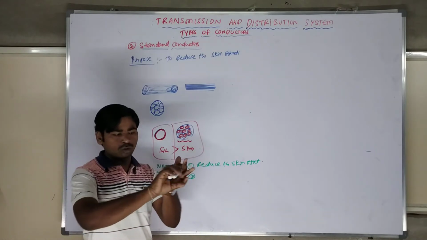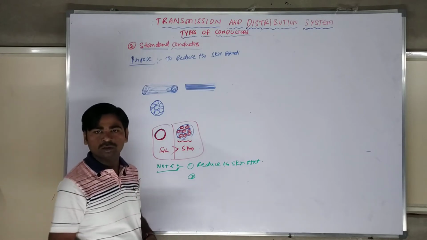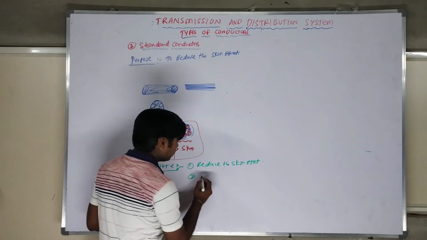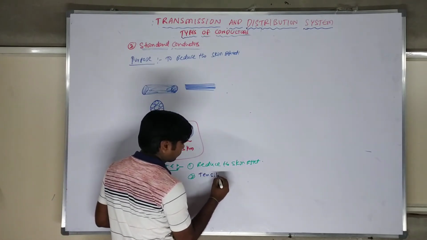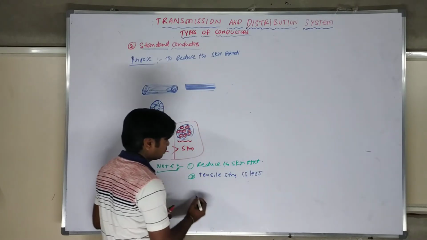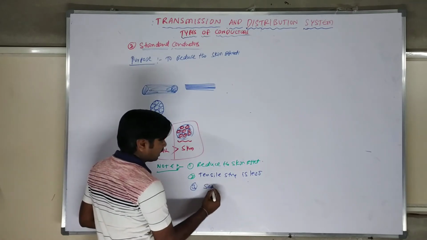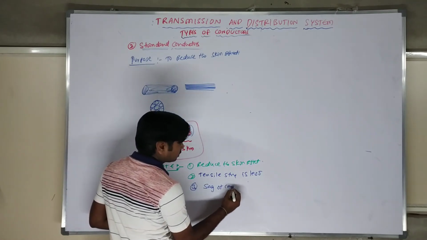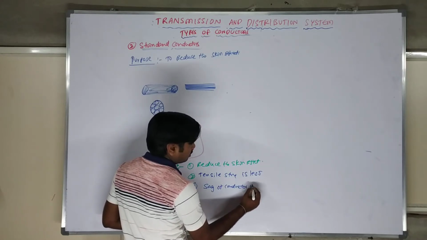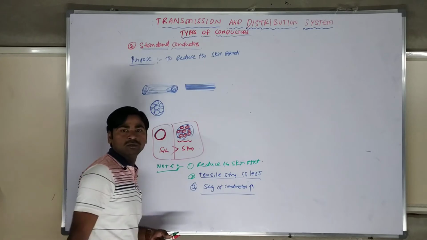But in this one, the tensile strength is reduced. Tensile strength is less. Automatically, sag of the conductor increases because tensile strength is less.